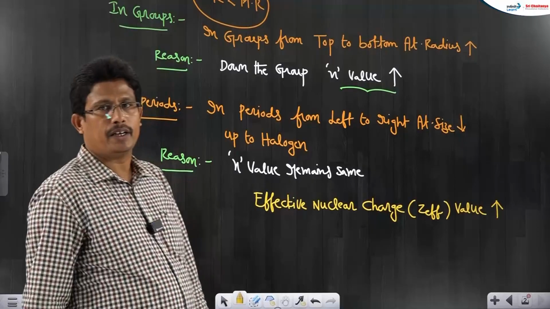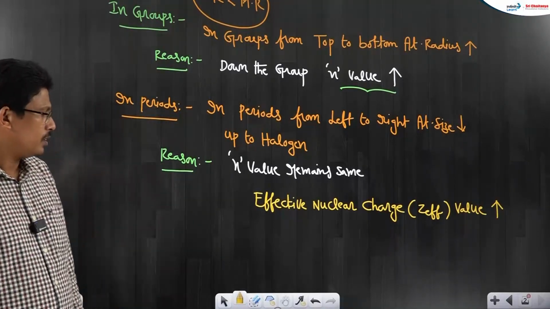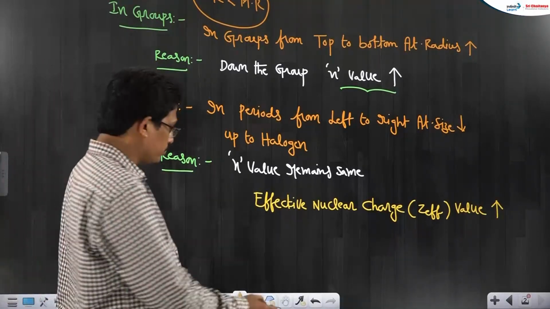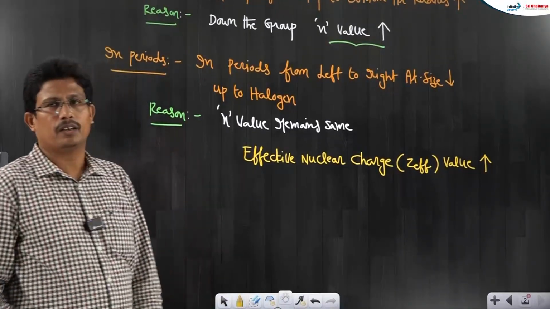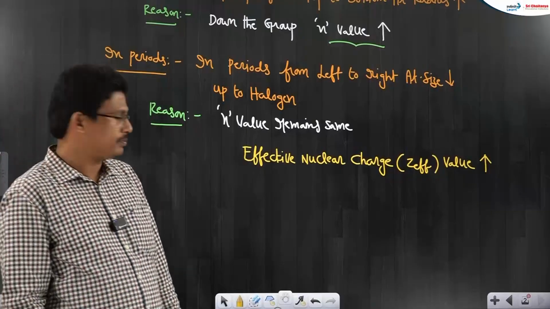That's why radii decreases. Okay, that is the variation of radii in group and period.